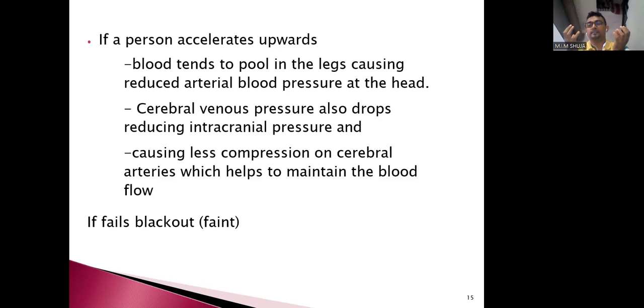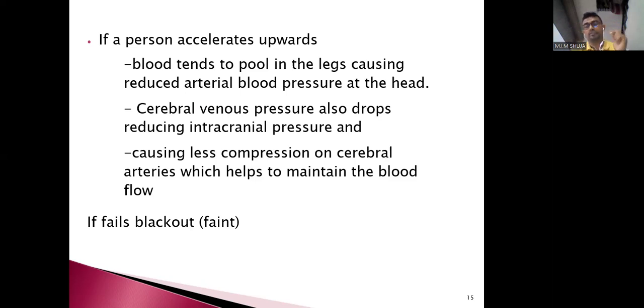Blood is one of the factors that determine the intracranial pressure. So when the blood pressure is reduced, your intracranial pressure also reduces. This causes less compression of the cerebral arteries found inside your brain.